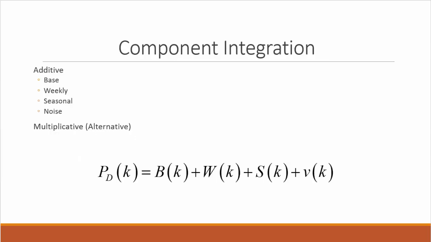We're going to be working with an additive equation for the most part. Component integration of these various factors is what we'll be looking at. So we'll separate the forecast into a base amount that is always there, a weekly amount that changes per day and hour of the week, a seasonal amount that will vary depending upon the season of the year, fall, winter, spring, summer, as well as whether the day in question is a weekend or weekday or middle of the week.